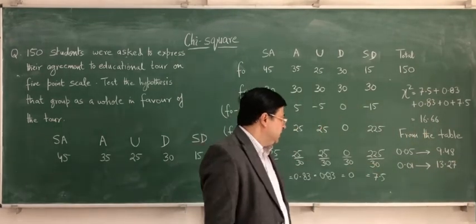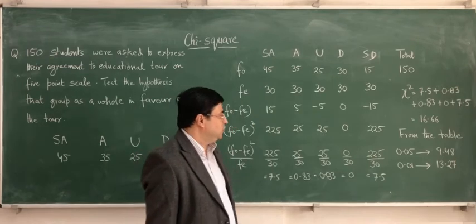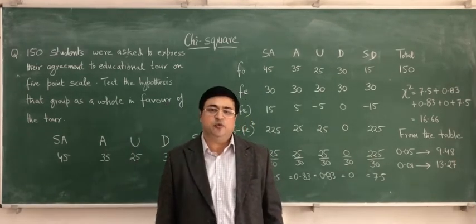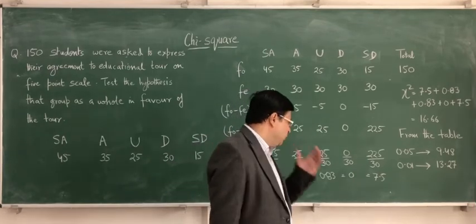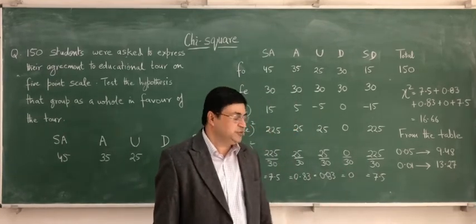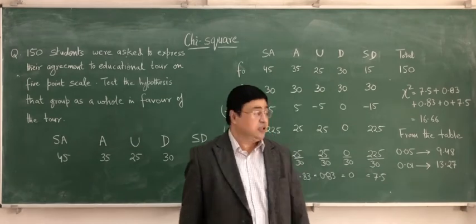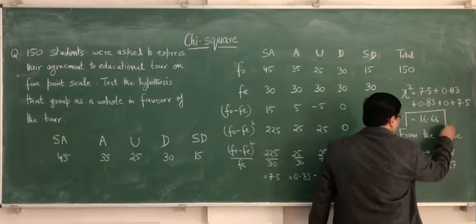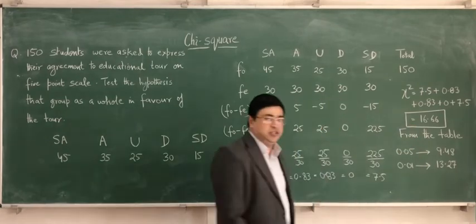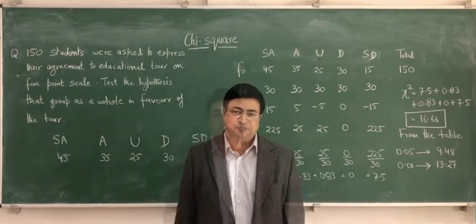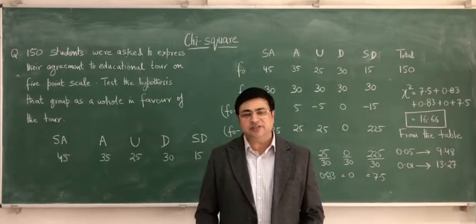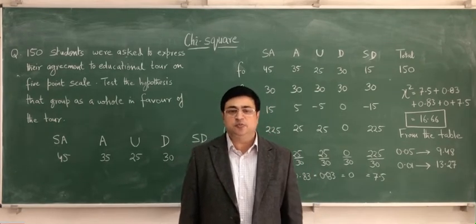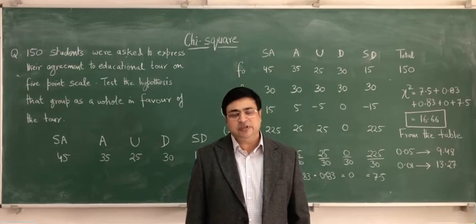So from the table at 0.05, the table value is 9.48, and at 0.01 the table value is 13.27, and our calculated value is 16.66. As we know, when the calculated value is more than the table value, we can say there is a significant difference.